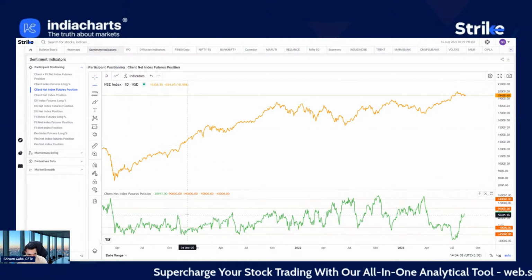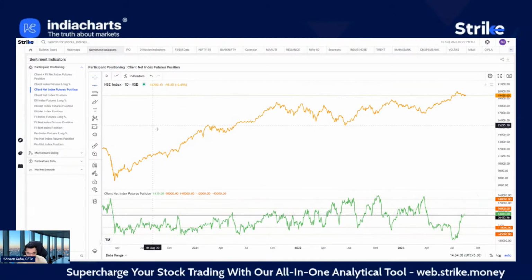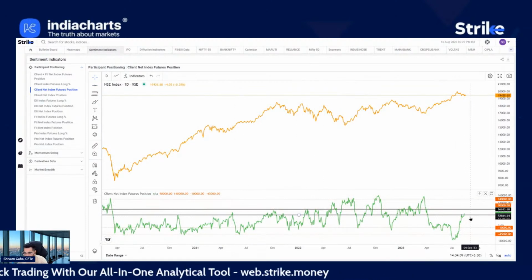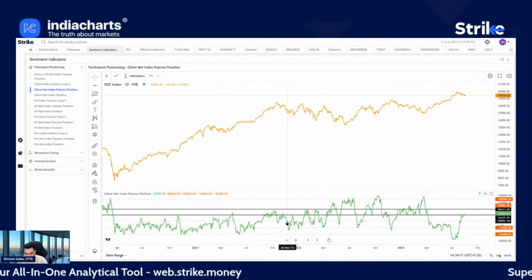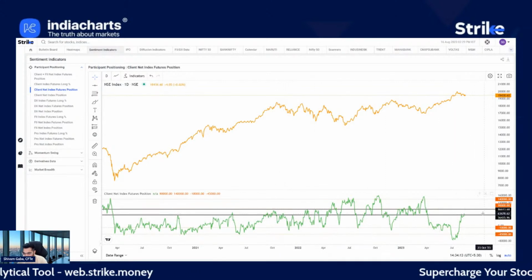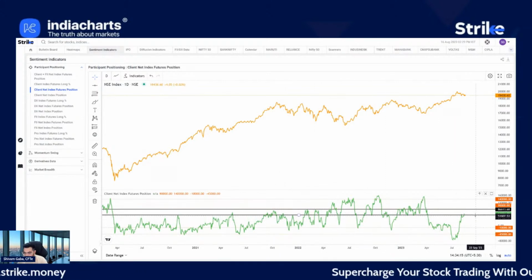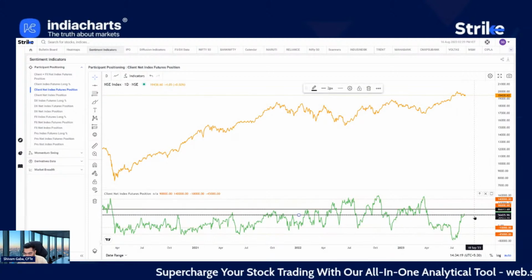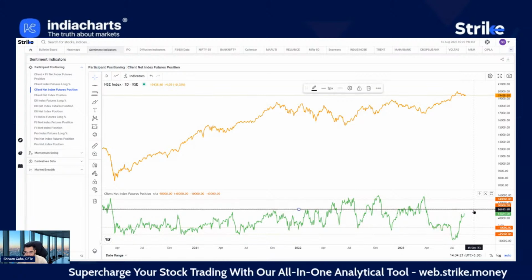One zone is around here and the other one is probably here. So we've entered that zone, and for the extreme reading, it can still go a bit above to around 80 to 90,000 contracts, from where it is an extreme position and we see a short term reversal in the markets.